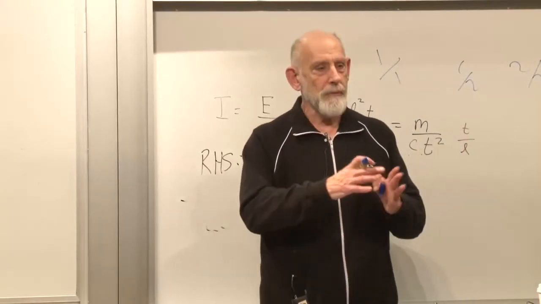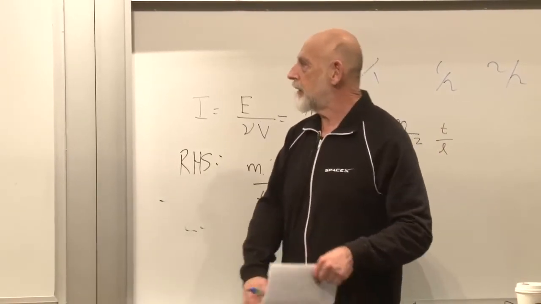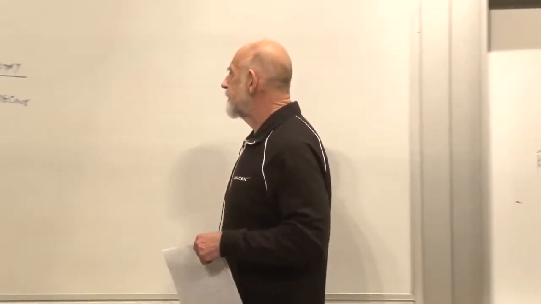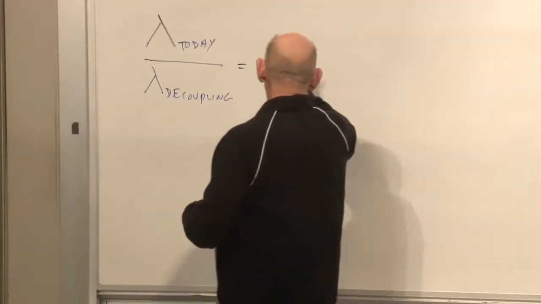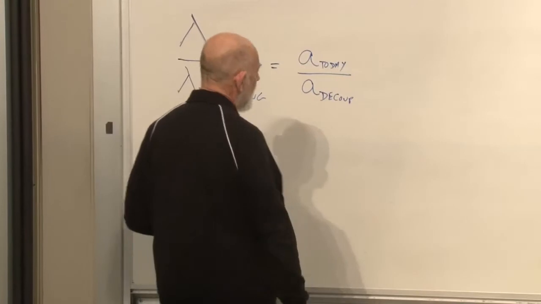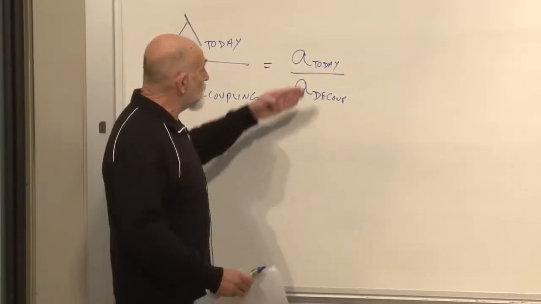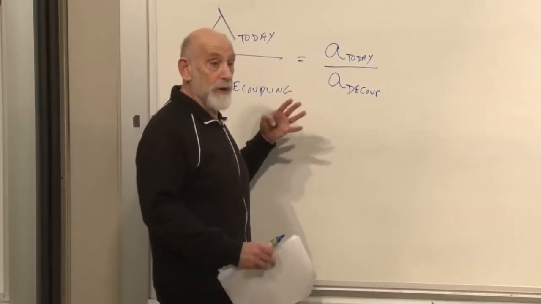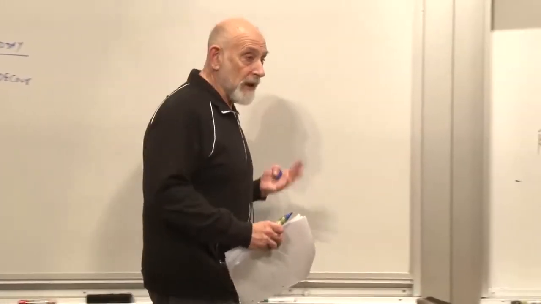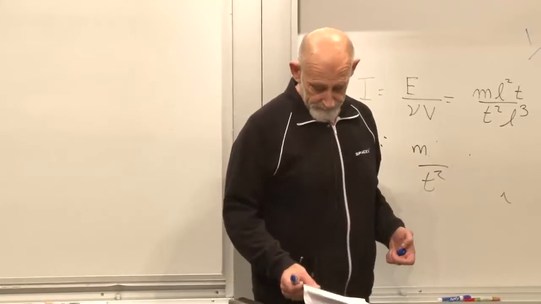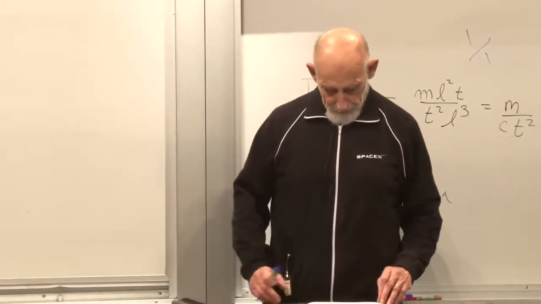It happened over some period of time, but the characteristic time that it happened over is relatively short, and so we can talk about the ratio of the scale factor. In other words, this ratio is the ratio by which the universe expanded between the decoupling phenomenon and today. So it's interesting to ask, what do we know about it?